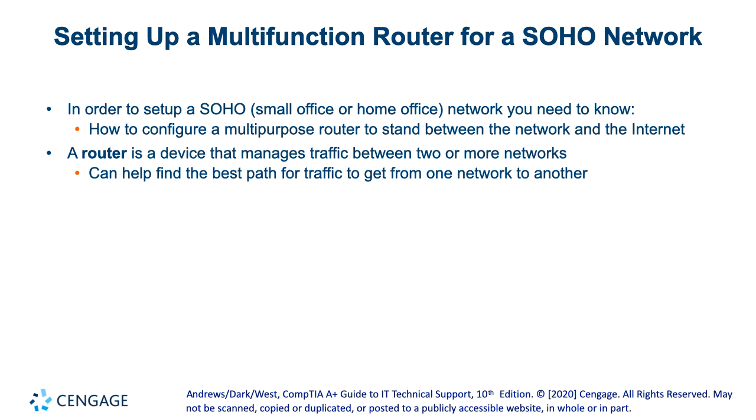They're all in together. Each one of these could be its own device, and typically are different devices on a large organization's network. But in the small office or home, we're going to use a multi-purpose device that has all these features or most of these features in one device.